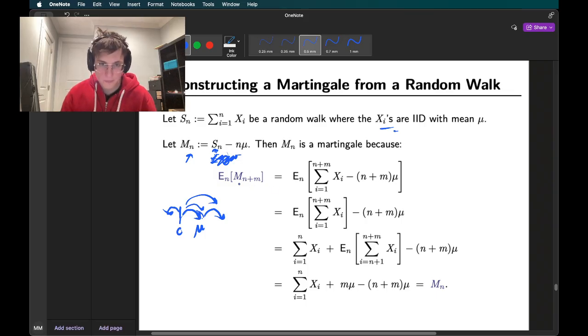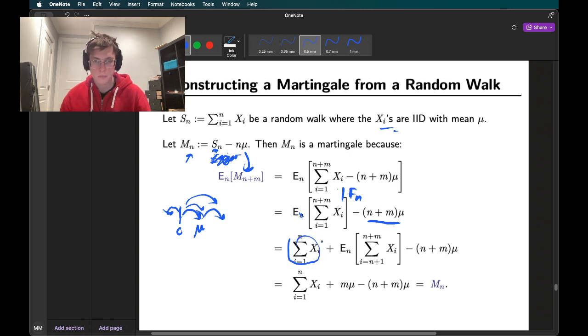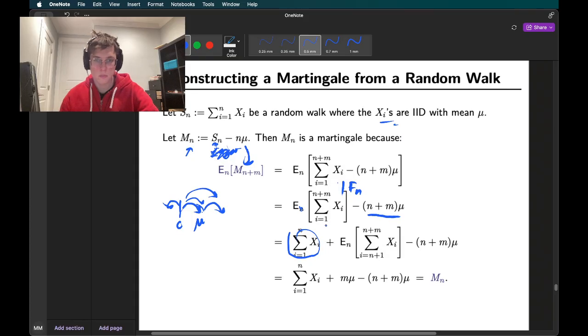Anyway, so we took this definition here and we inserted it here, and then this is just a constant, so we took it out. And then we know the information in the, this is E_n, better to say F_n, and according to F_n we know what the value of all the X_i is, so we just moved it out of here and we just end up with this.